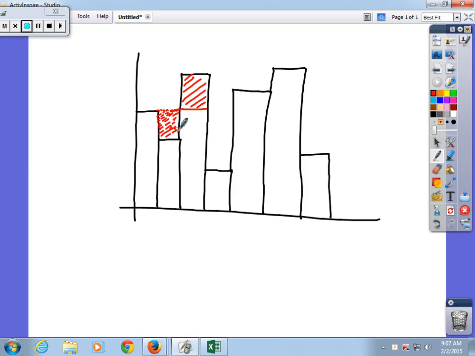Then I take off this guy right here, and we put Texas.